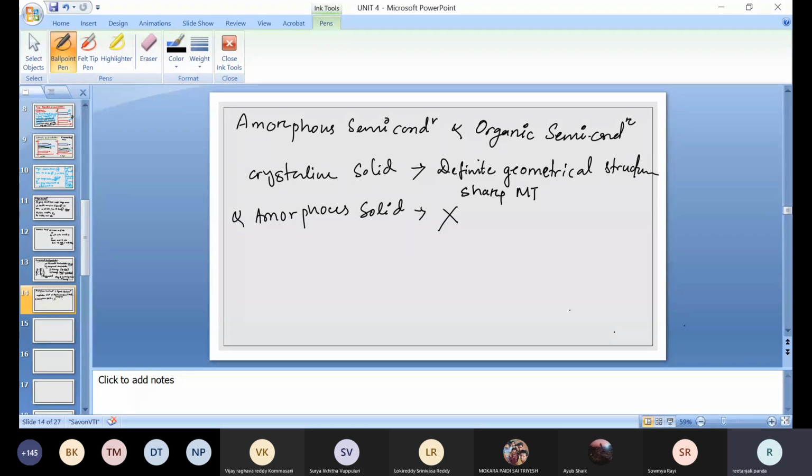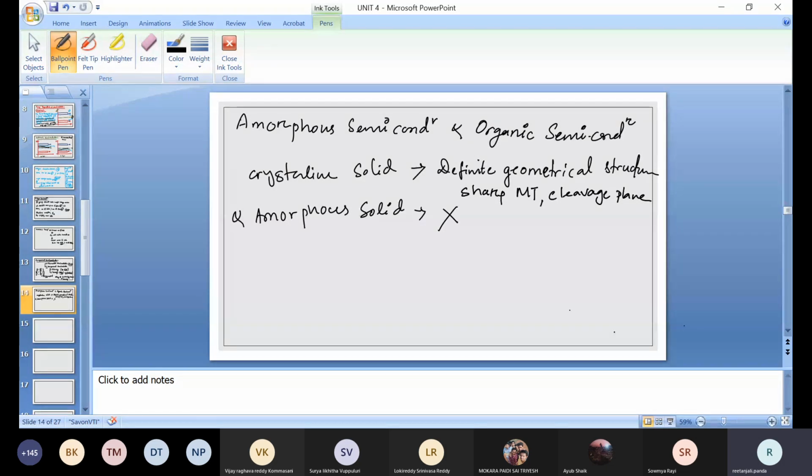But in an amorphous solid, that cleavage plane is not available, so if you break it, it breaks randomly.